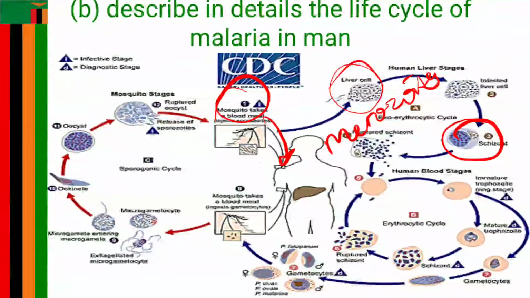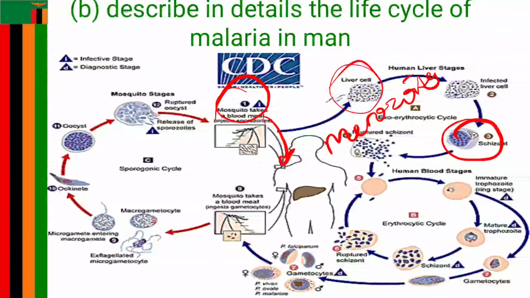So what you need to remember is that once the malaria parasite enters the human being's blood, it does not go straight to the red blood cells, but it needs to go to the liver. And from the liver, that is where it matures further from the sporozoite state to the schizont state, which are segmented states.